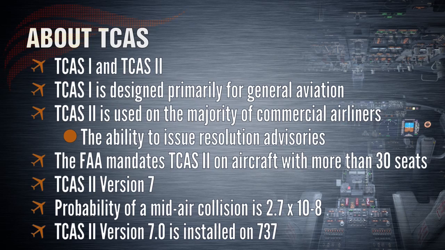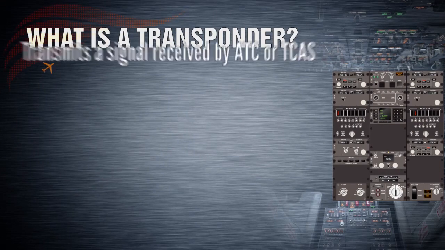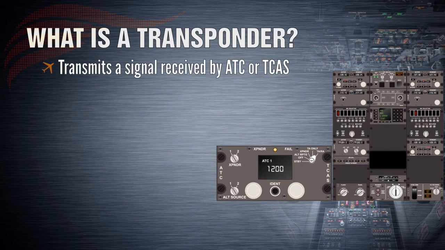TCAS continuously interrogates operating transponders in other aircraft to predict their positions and flight paths. It then provides traffic displays and advisories to the flight crew. A transponder is a device that automatically transmits a coded signal when interrogated by ATC ground radar or TCAS.